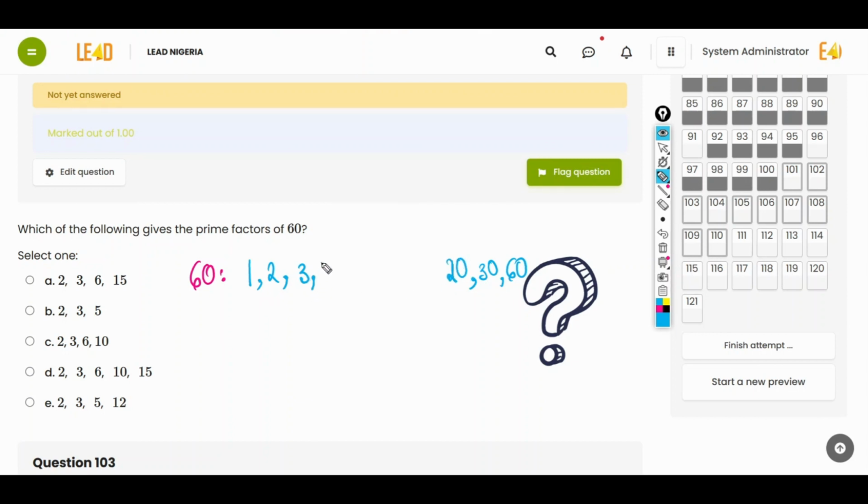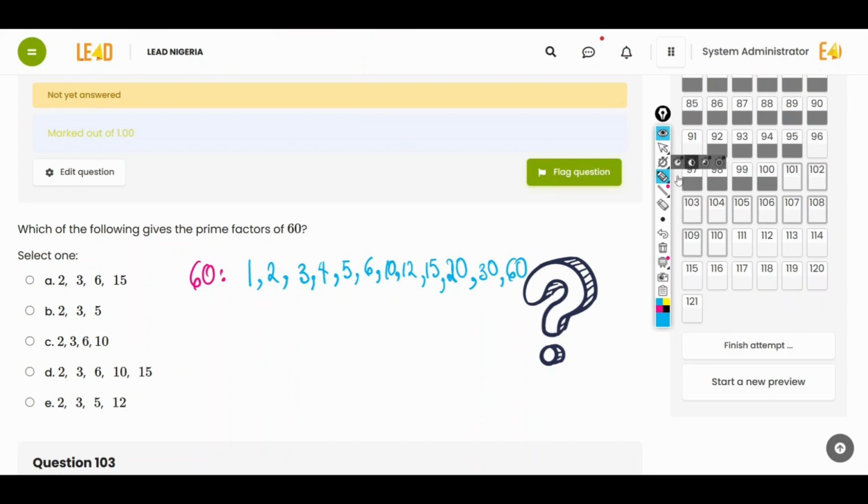I know 4 is a factor, so 4 and 15, 5 and 12, 6 and 10. Wow, it has a lot of factors.